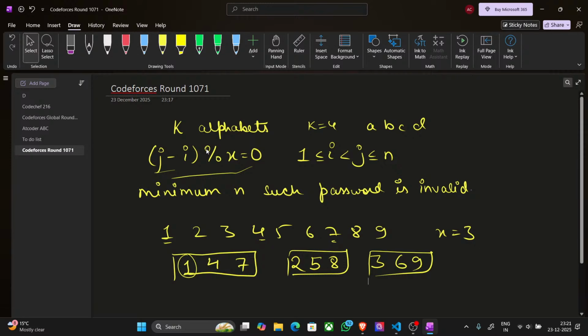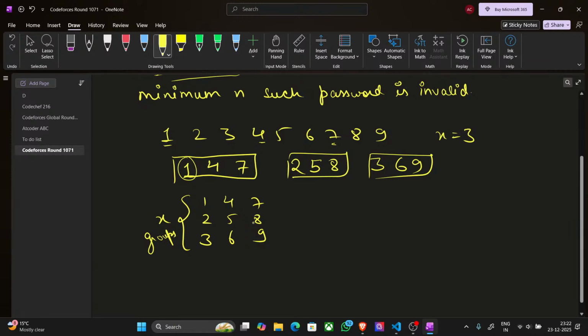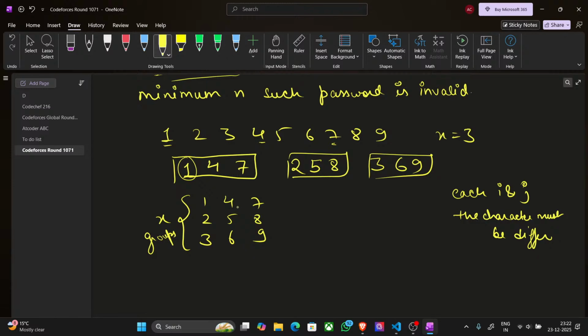Now, as you can see, if I arrange them like this, there are a total of x groups, and they are saying that for each i and j, the characters must be different. So for this whole group, the characters must be different.